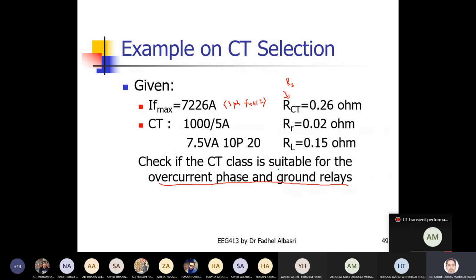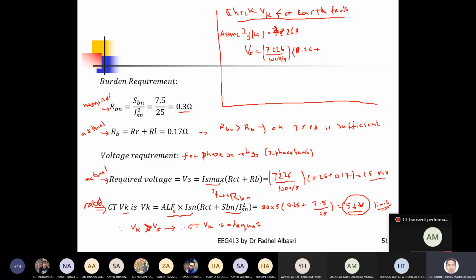So in this case, to calculate for ground faults, I have to find 2RR, which is 2 times 0.17, which is 2RR plus 2RL.